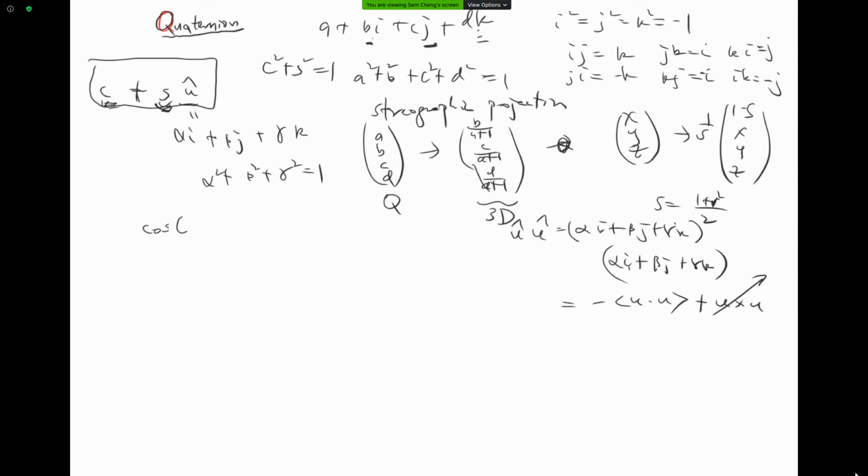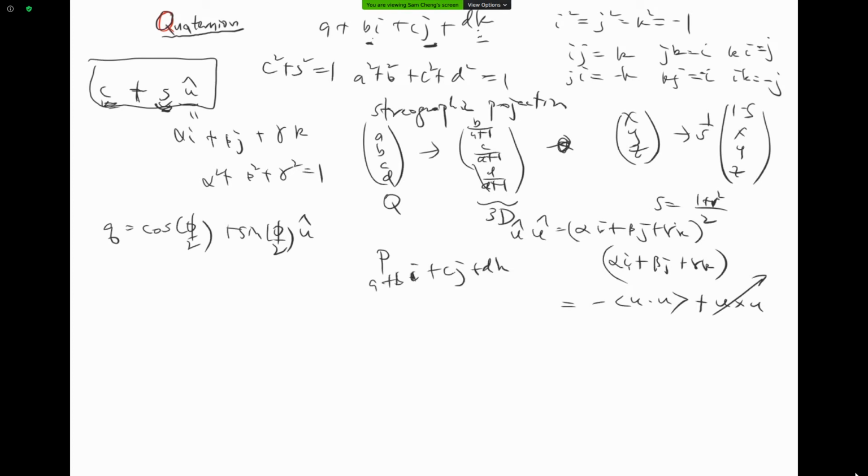So basically what we want to show is that for any p, any quaternion point, okay, p is also a quaternion, so for any three-dimensional point, if I represent it as a quaternion, that will be some a plus bi plus cj plus dk, right?